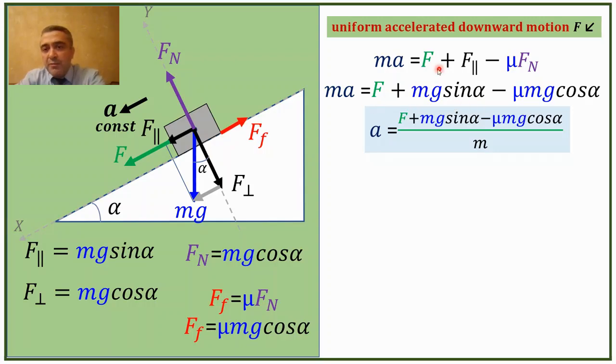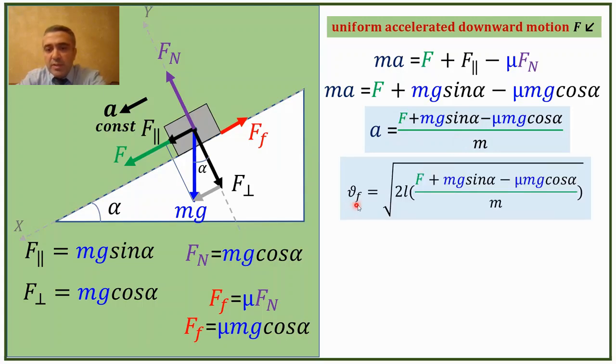And from here, if we put the equation for each force in this equation, we can find the acceleration for this situation like this. And from here, final velocity equals the square root of 2 multiplied by the length of the slope and multiplied by the acceleration. And instead of a, we have put this equation.